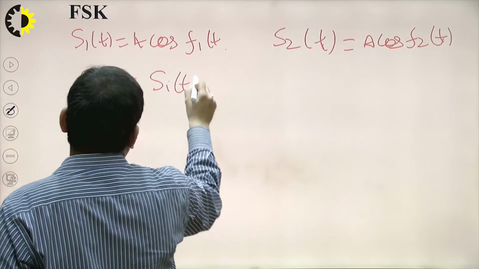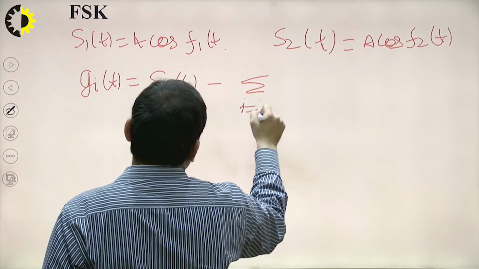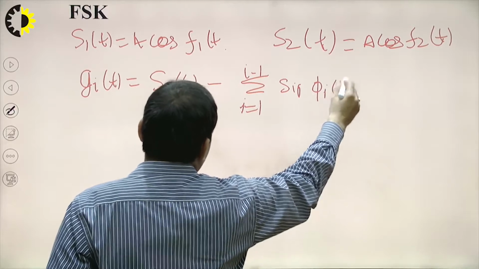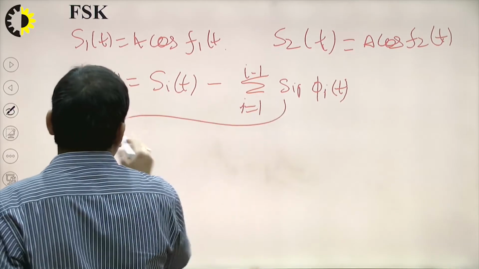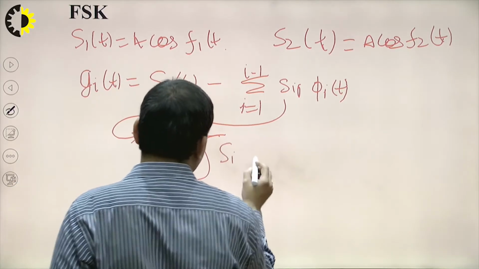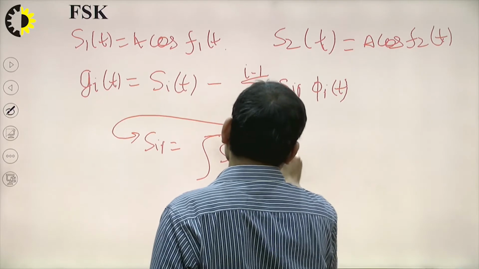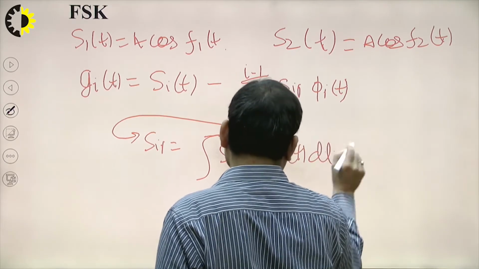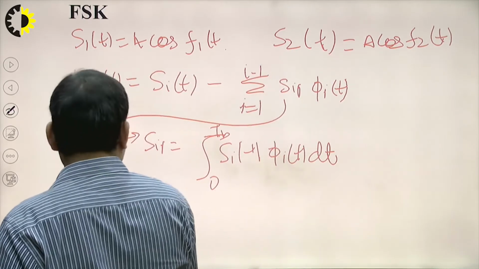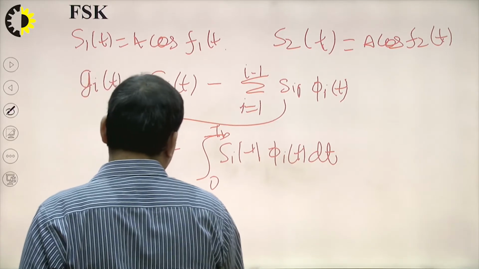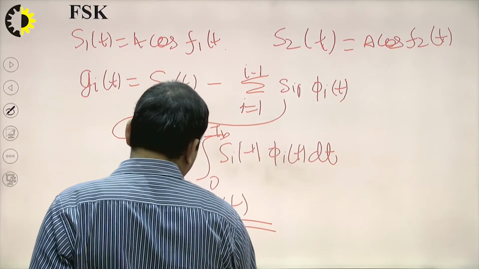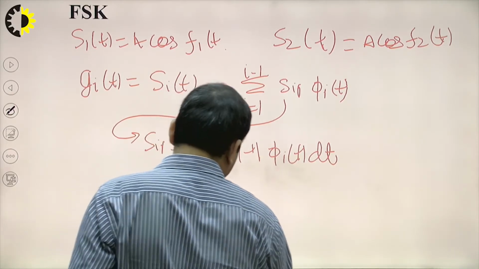Now using the Gram-Schmidt orthogonalization procedure, the intermediate function gi(t) is equal to Si(t) minus the summation from j equals 1 to i minus 1 of Sij phi j(t), and the component Sij can be written as the integration of Si(t) times phi j(t) dt from 0 to T. The orthonormal basis function phi i(t) is given by gi(t) divided by the square root of the integration from 0 to Tb of gi squared(t) dt.